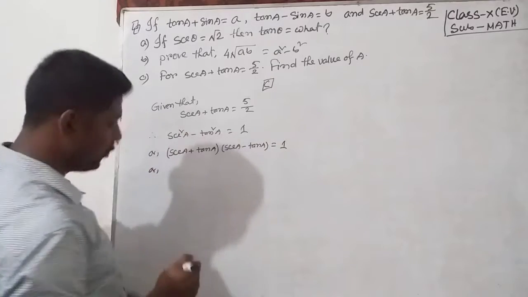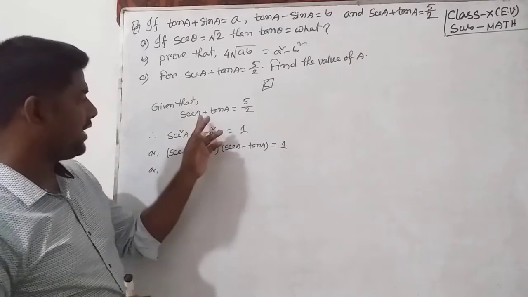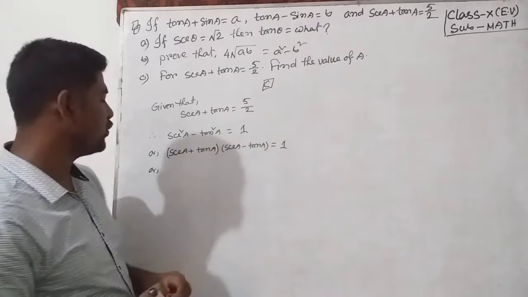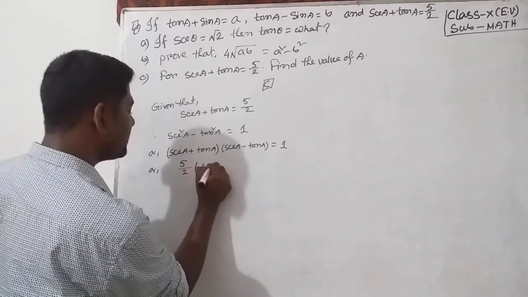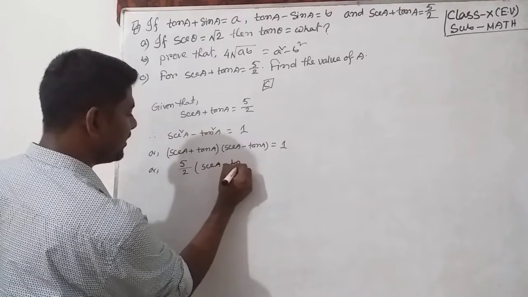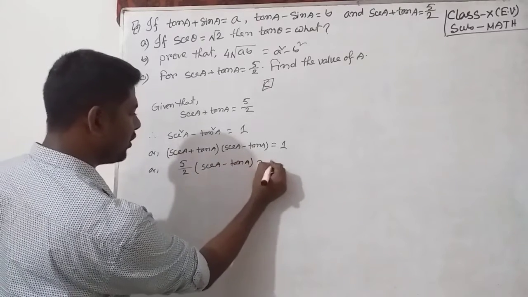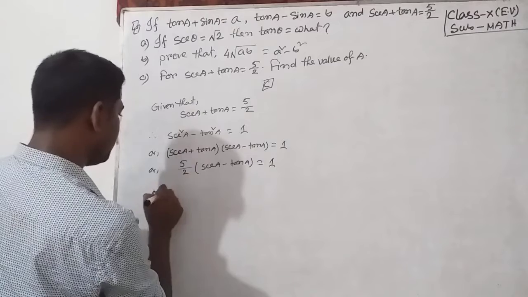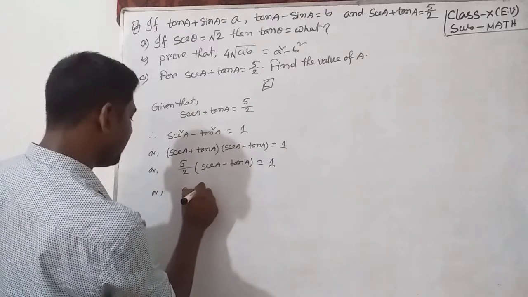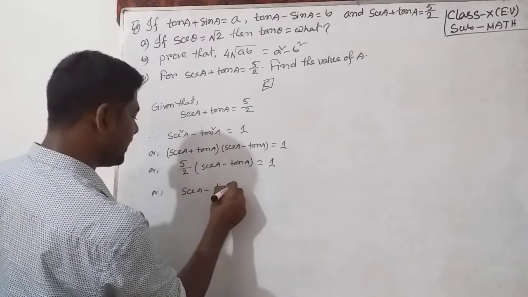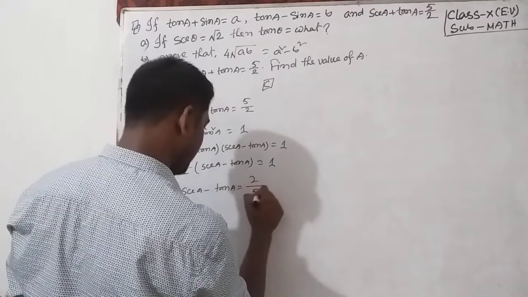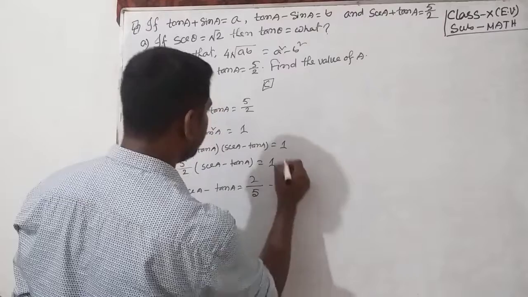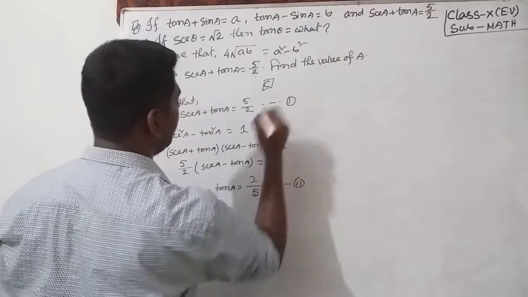Now putting the value, sec a plus tan a equals 5/2, so we can write 5/2 into sec a minus tan a equals 1, or sec a minus tan a will be 2/5.